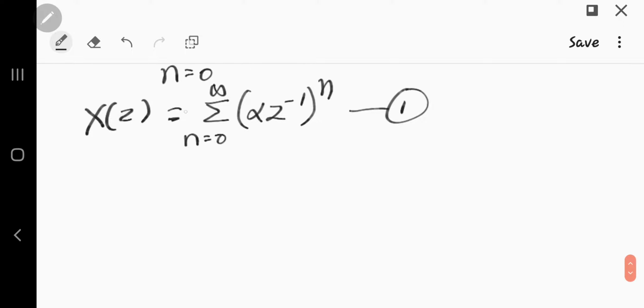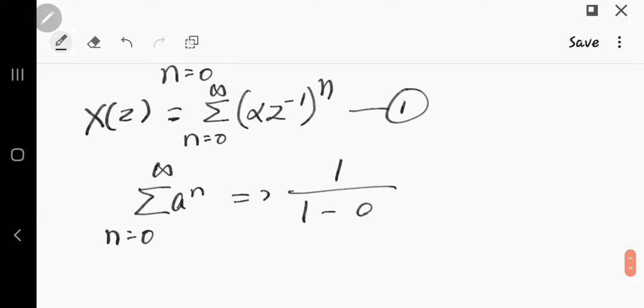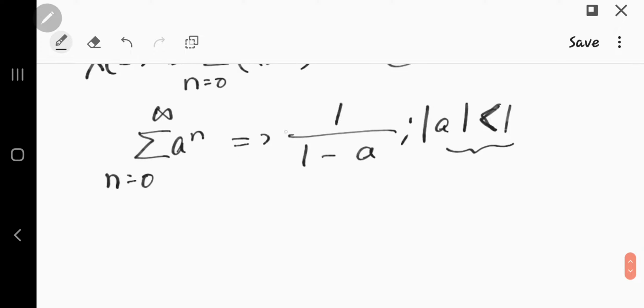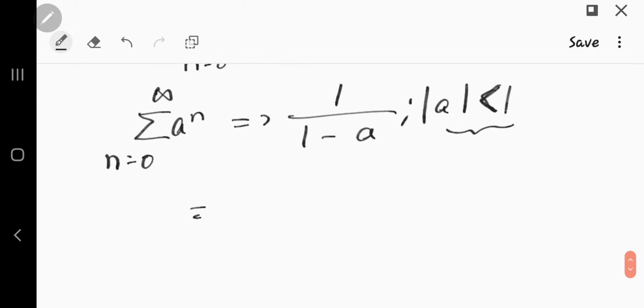Now from geometric series, we have summation n equal to 0 to infinity of a to the power of n can be written as 1 divided by 1 minus a, where |a| is less than 1. So this condition will also be helpful in dealing with the ROC. If you apply this, in place of a we have alpha z inverse.